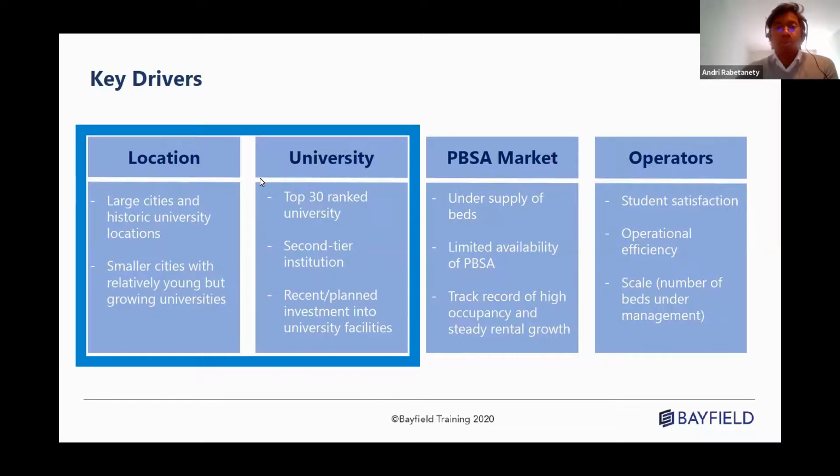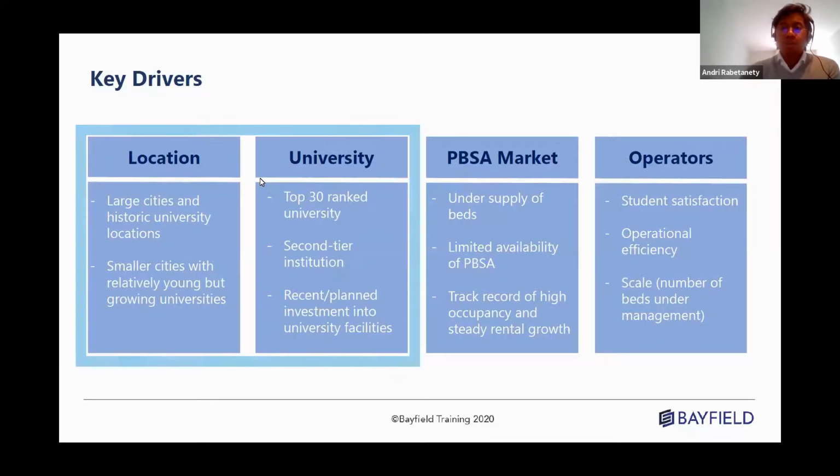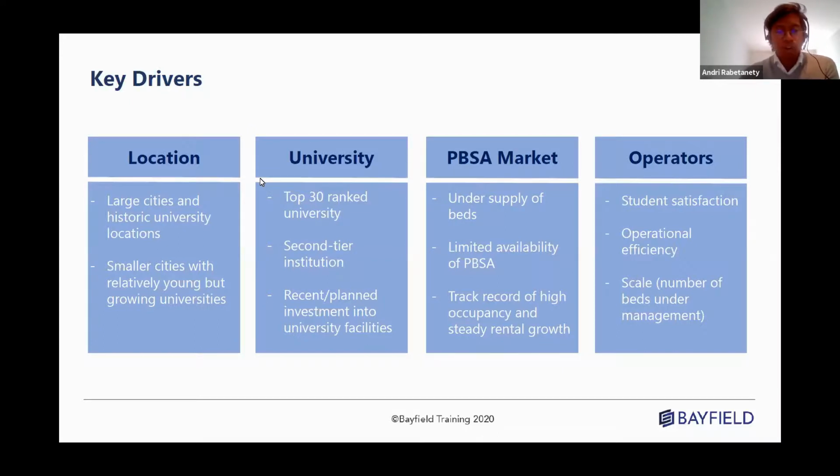You have top universities, second tier universities, and different PBSA markets according to the factors that I mentioned. So you will find grade A markets that are structurally undersupplied, but with concern about market competition. You have grade B markets that are structurally undersupplied, but with concern about market development opportunities.